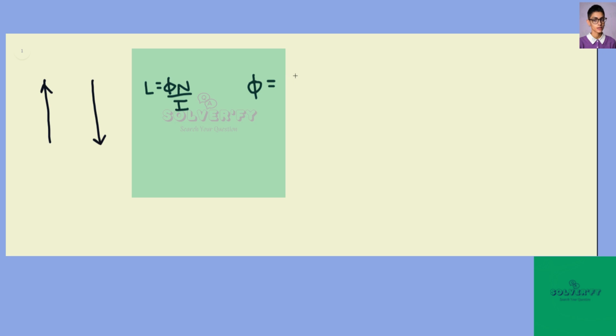So first, let's get the flux. So flux is going to be, again, the integral of B dot dA. And then dA, let's call that x and let's call that y, so dA is going to be dx times dy. And then the B is going to be the field due to the two wires.